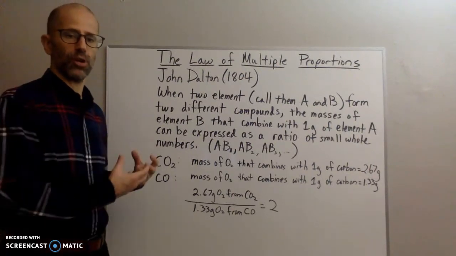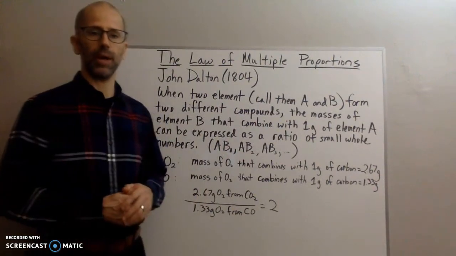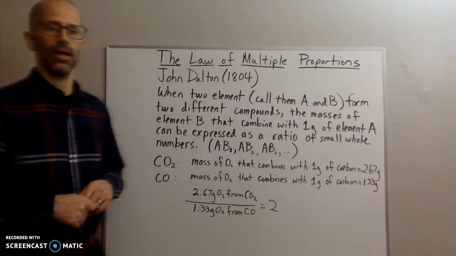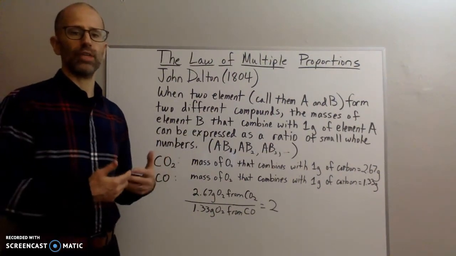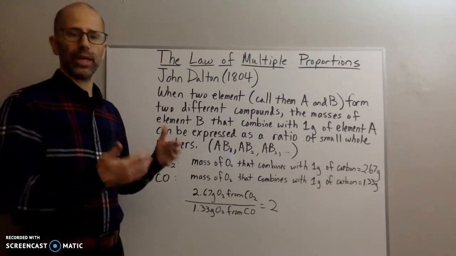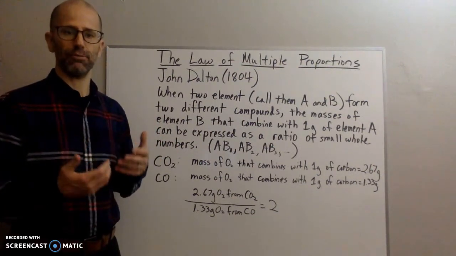If you start with a certain mass in your reaction, you should end up with the same mass in your products, and that's what we observe all the time. The law of definite proportions says that if you break things down into their constituent elements, then the ratio of those elements always stays the same. So it's definite proportion.